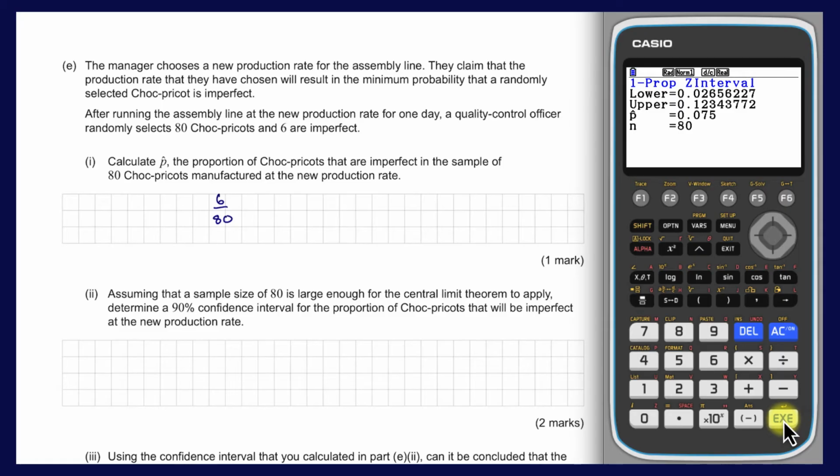If you feel like it, you could pop that decimal 0.075 up there in E part 1, but what we were looking for there was the bounds for the interval for E part 2. So our interval is 0.0265 less than or equal to P less than or equal to 0.123.